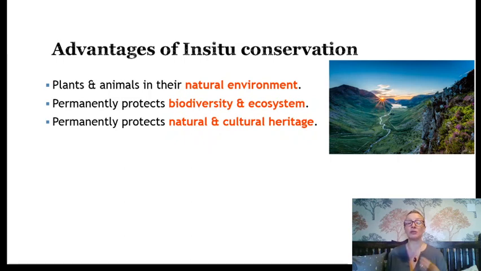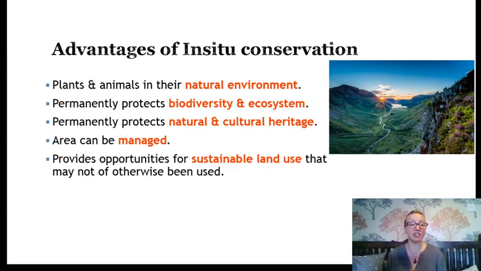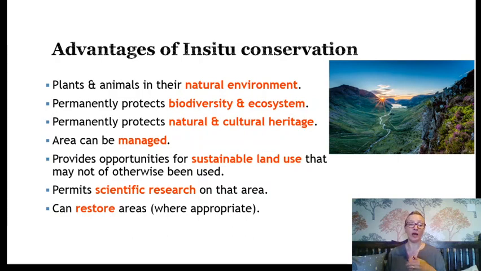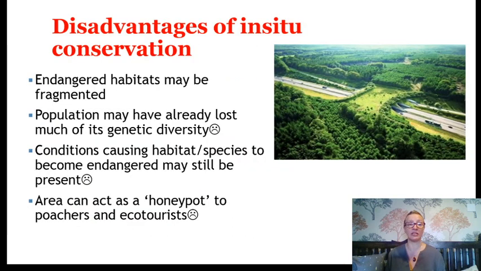It also protects the natural and cultural heritage of that particular area. They can manage that area properly. They can look for opportunities for sustainable land use. They can do scientific research on that particular area. And they can restore areas if they need to.